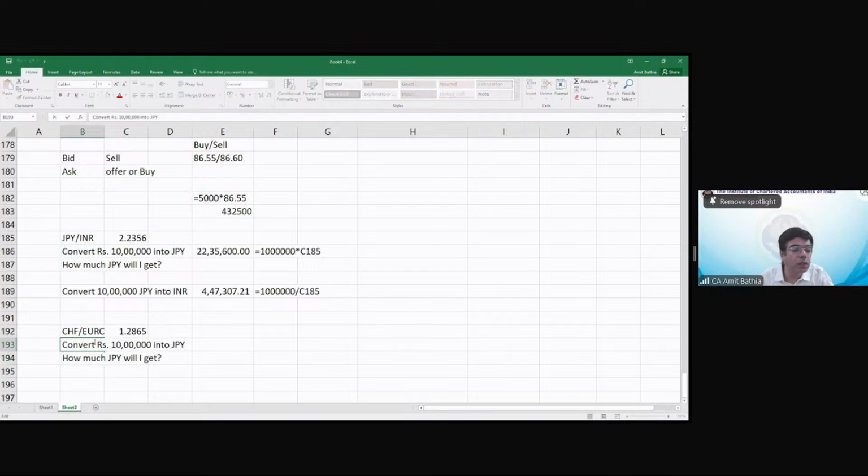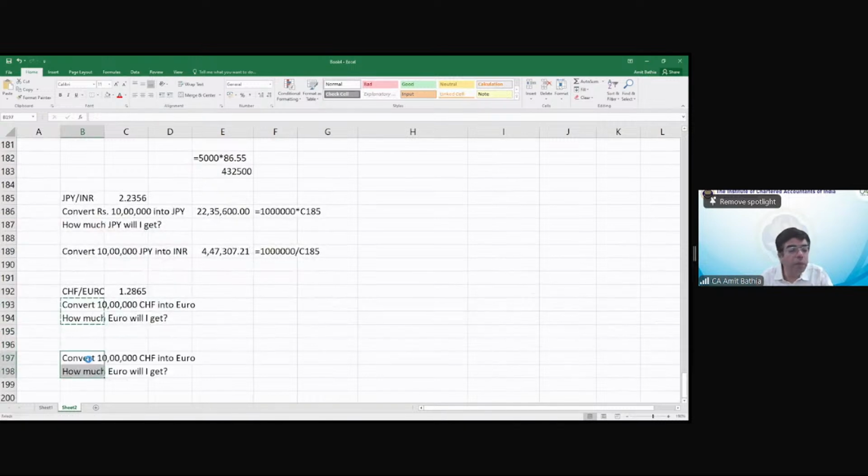Now convert, say for example, 1 million CHF into euro. So how much euro will I get? Tell me. Anybody?